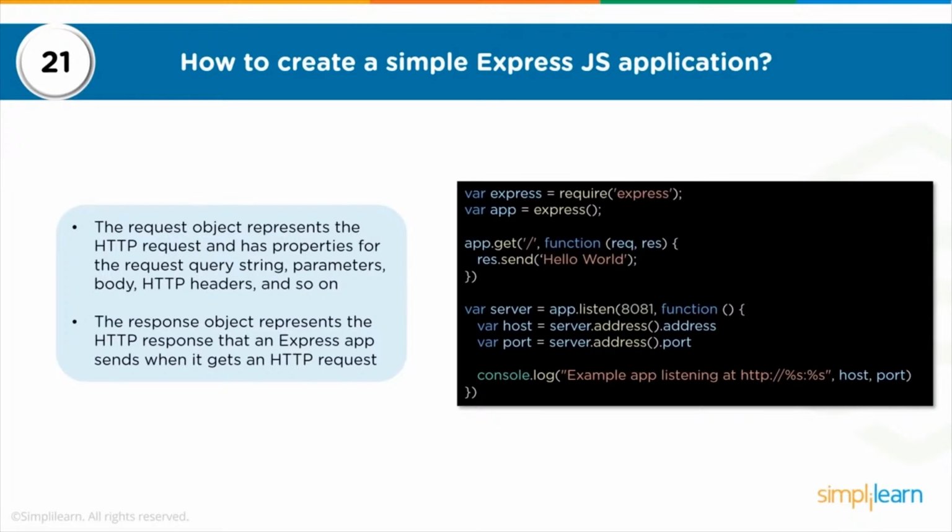In this instance, it runs on localhost, port 8081. And so you can go to localhost 8081, and when you do that, that will trigger the application that will forward up the message, hello world. And it's all coming from Express.js.